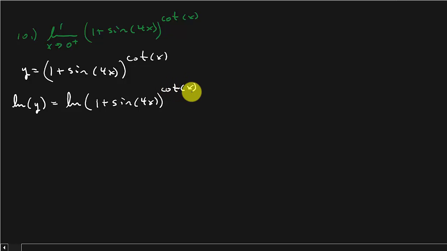Now, why did I do that? Well, let's look at it. That's going to allow me to get this exponent out of there, because this is equal to cotangent x times natural log 1 plus sine 4x. Remember that property you have that says you can pull the exponent down in front of the natural log?